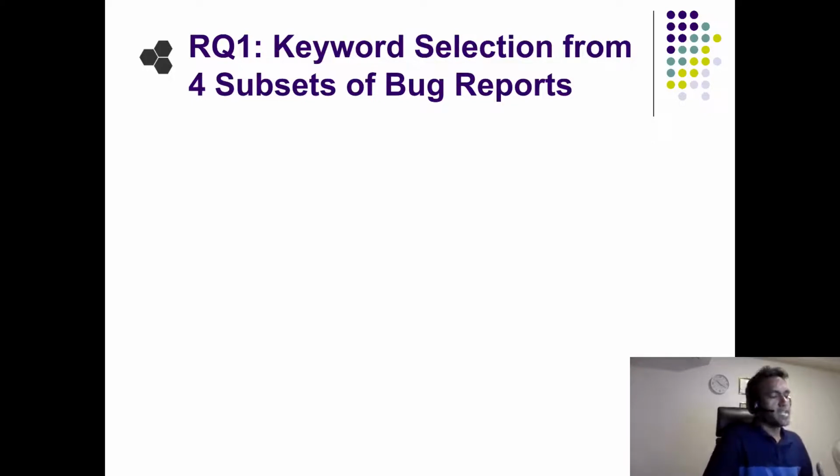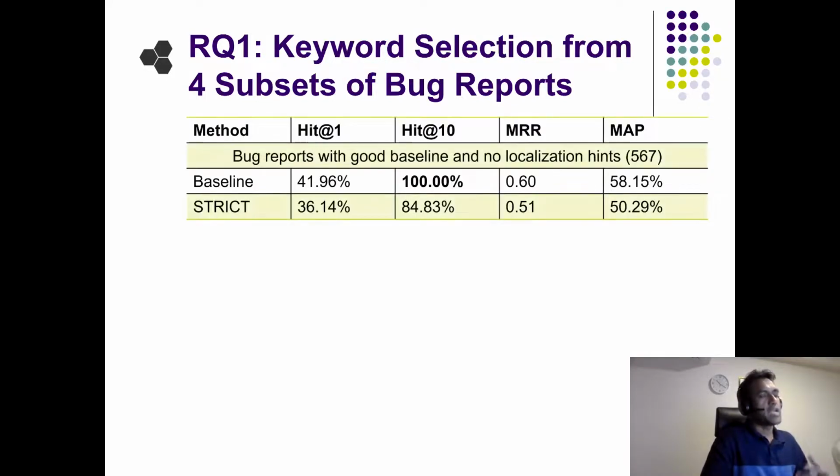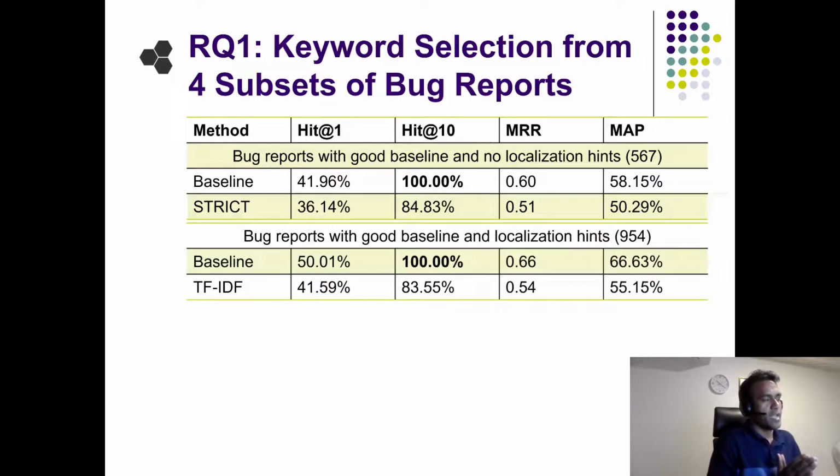And what we found is that in our data set, there are some bug reports that can, by themselves, lead to high quality baseline queries. So that means when we take the bug report and do some kind of pre-processing, that pre-processed version actually leads to pretty high performance.